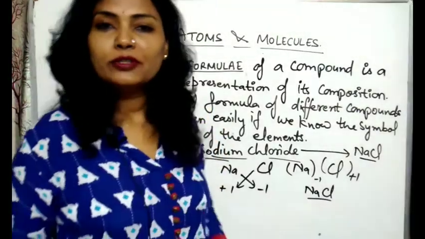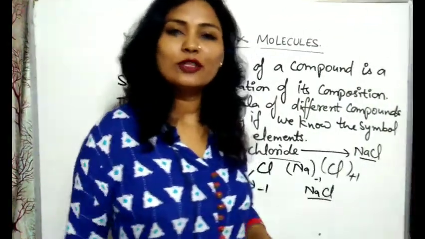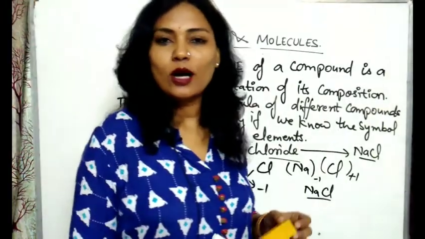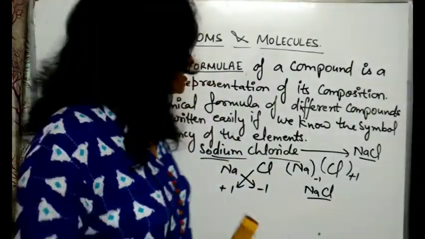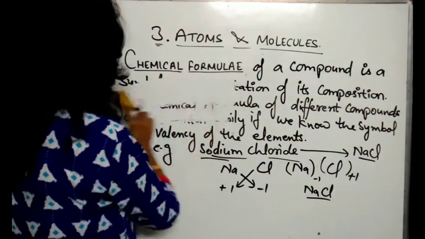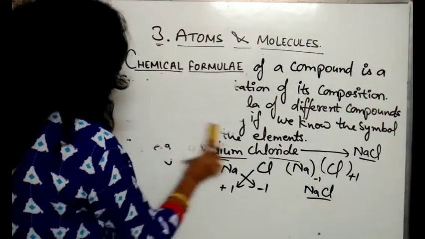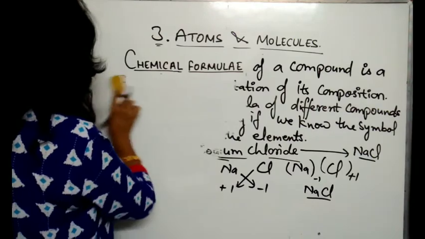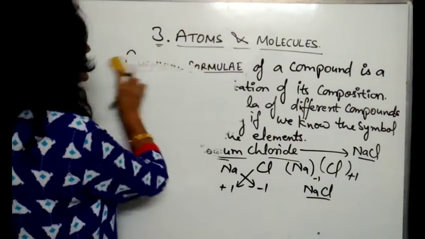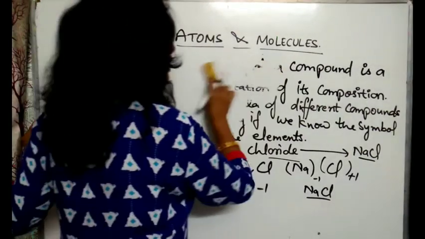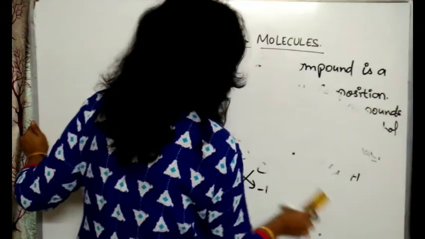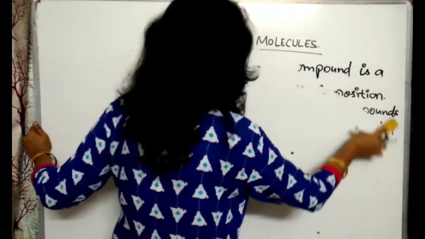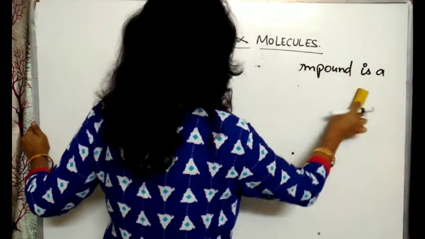Now I want to discuss the chemical formulas of different compounds. So how will we make these chemical formulas? Please concentrate here. First we will write the chemical formula of water. You know the formula of water? It's H2O. How it is formed, that we will write. Okay. Do you know the formula of ammonia?